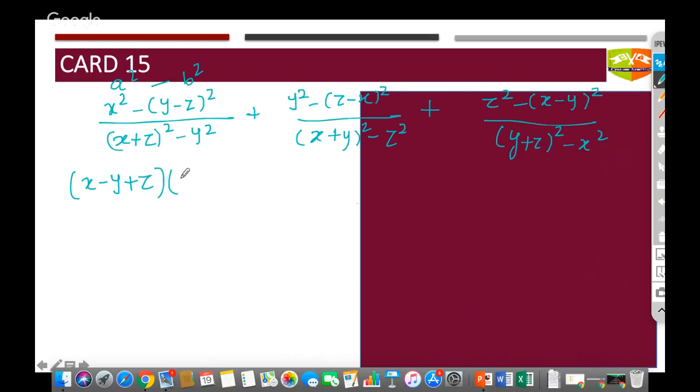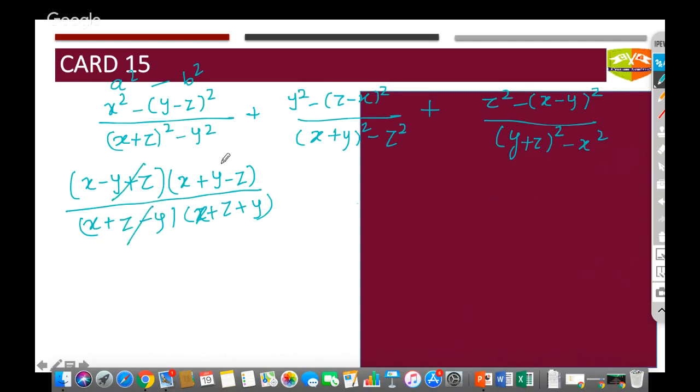And the other one would be (x + y − z), divided by, again a square minus b square format, so I can write it as (x + z − y) and (x + z + y). You see here, this x + z − y and x + z − y get cancelled out. So what I'm getting over here is (x + y − z) divided by (x + y + z).